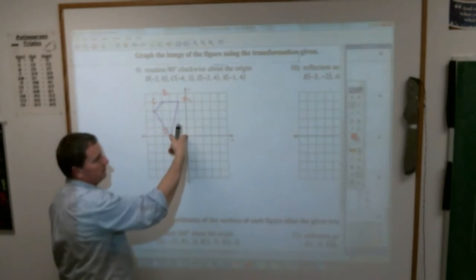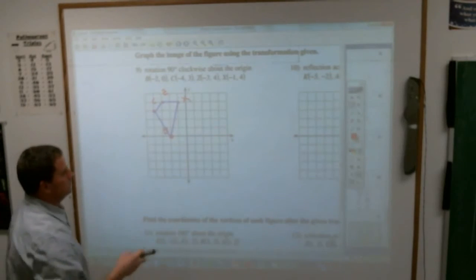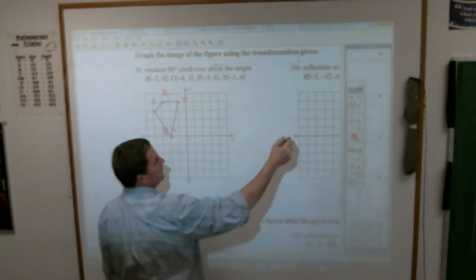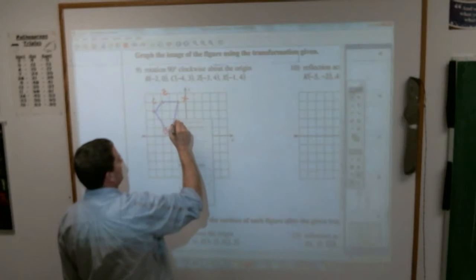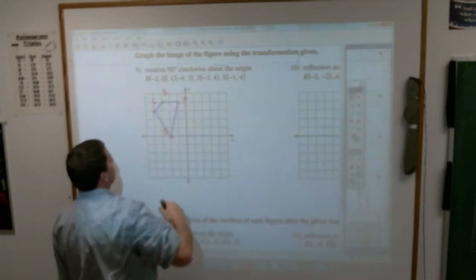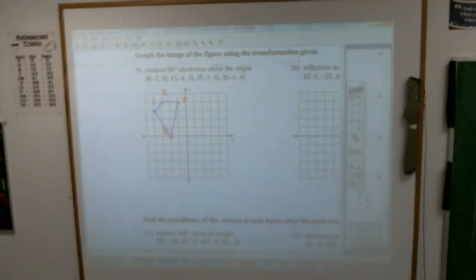It wants it rotated 90 degrees on that point. Back here.